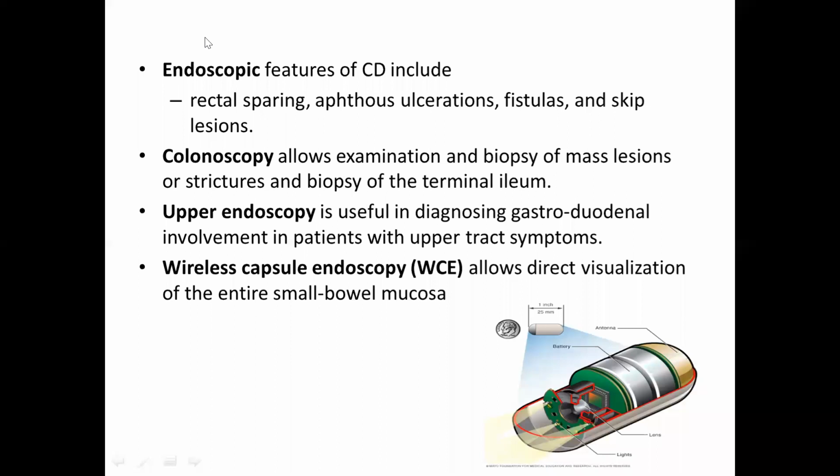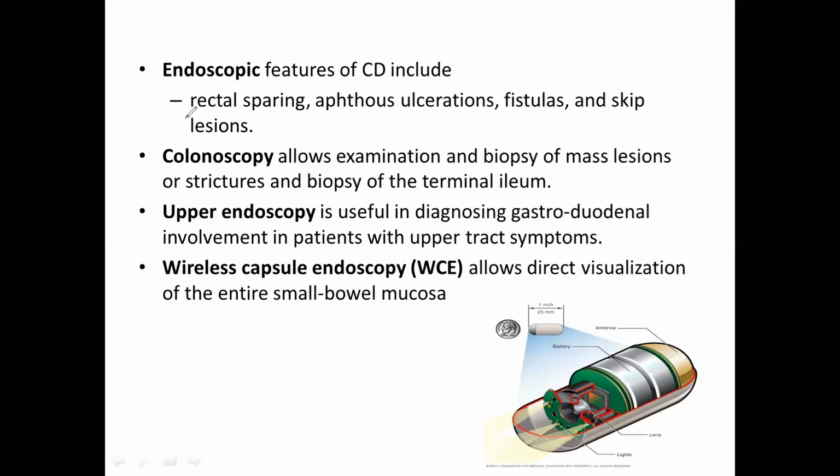Then endoscopic features of Crohn's disease include rectal sparing. What is rectal sparing? We know that inflammation in Crohn's disease is usually segmental, and secondly, it avoids the rectum, or you can say the rectum is not involved in Crohn's disease. The rectum is commonly involved in ulcerative colitis, but rarely in Crohn's disease.